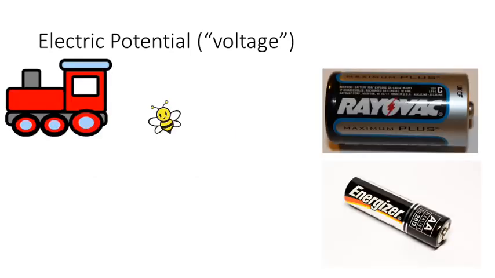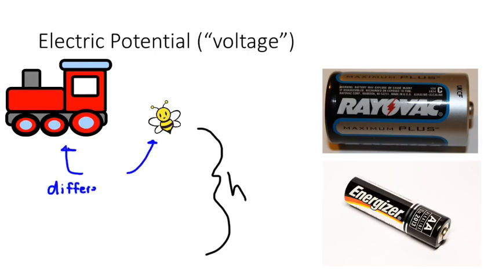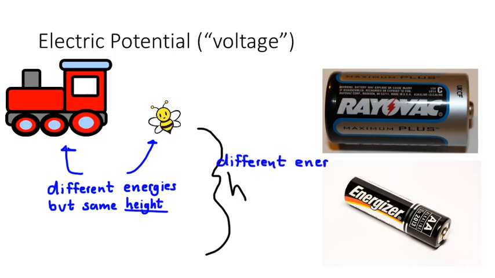So for instance, compare for a moment that train and that bumblebee that are some height h above the ground. Both of those objects having the same height means that we can compare them with each other. Even though they have different energies, they have the same height, and so we could say that they have the same gravitational potential.